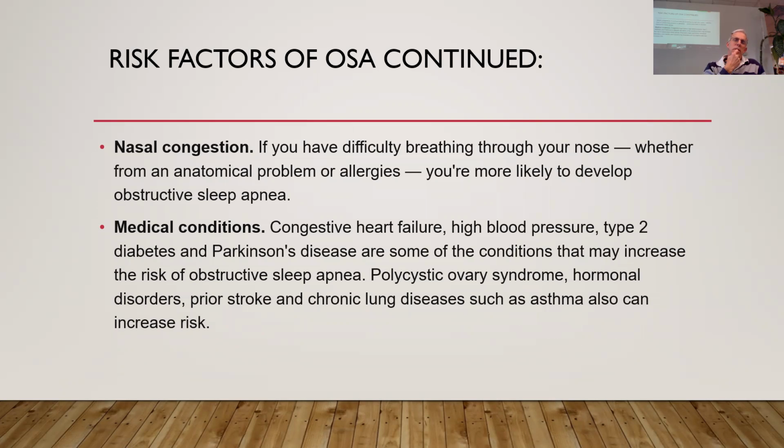I mentioned congestive heart failure. That's usually at the top of the list because your heart takes the biggest impact. High blood pressure is associated with heart failure. Now, why is type 2 diabetes an issue?